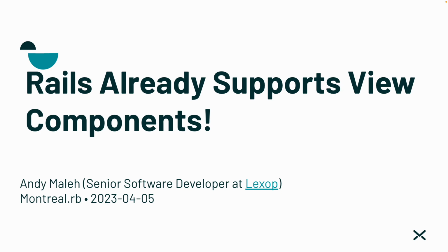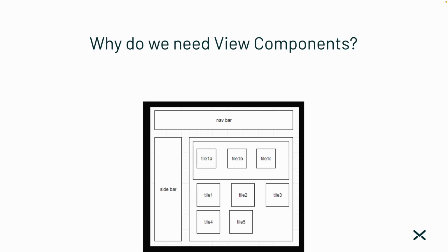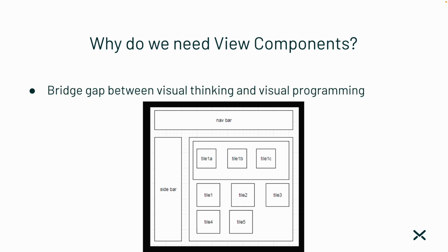So to get started, why do we need Vue components? We want to bridge the gap between visual thinking and visual programming. If somebody gives me a mock-up of a website with a lot of elements, I can basically divide and conquer the elements and break them down into Vue components.